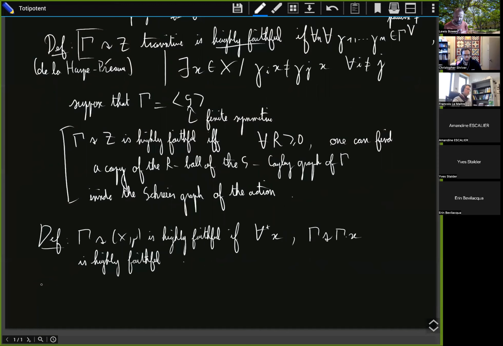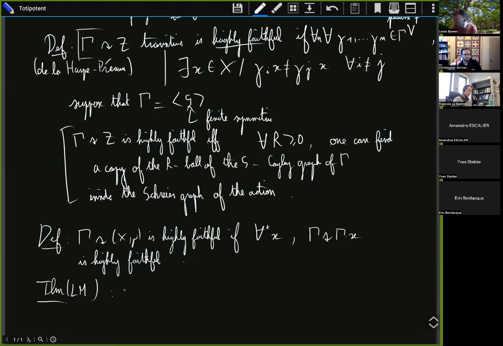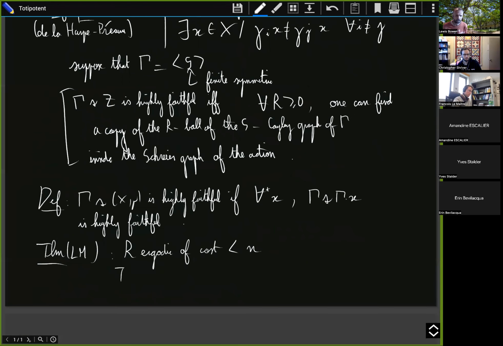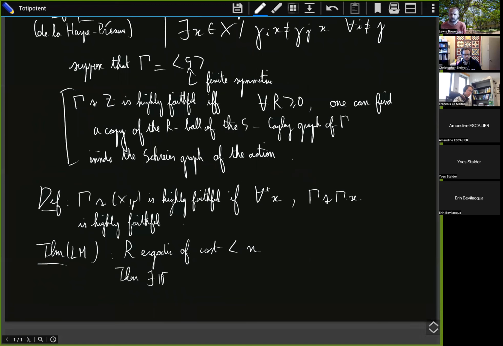All right, so now I can state a kind of intermediate result which I obtained some time ago. Take R ergodic of cost less than n. Then there is an action of the free group on X, mu such that R is the equivalence relation associated to this action.